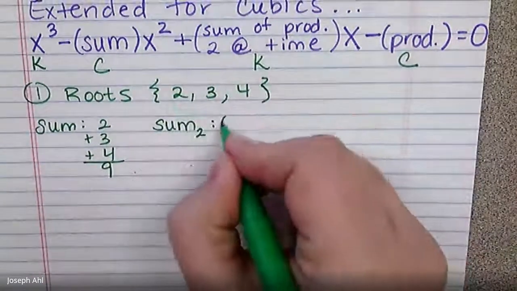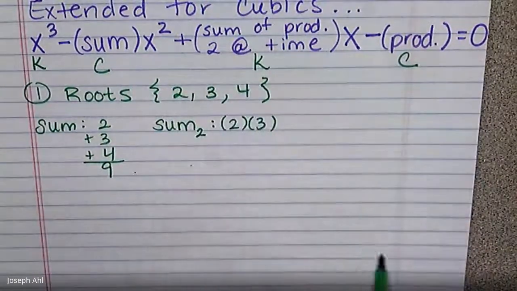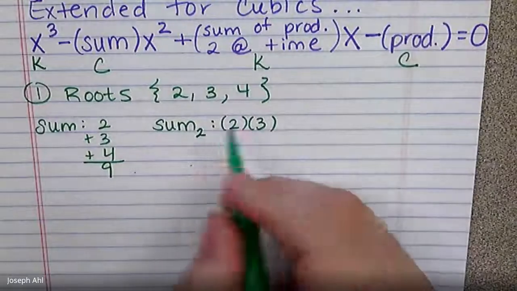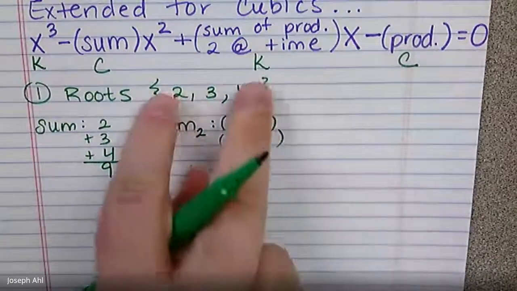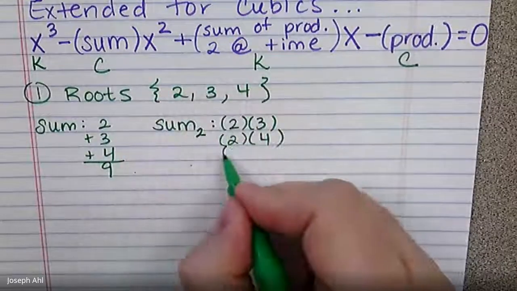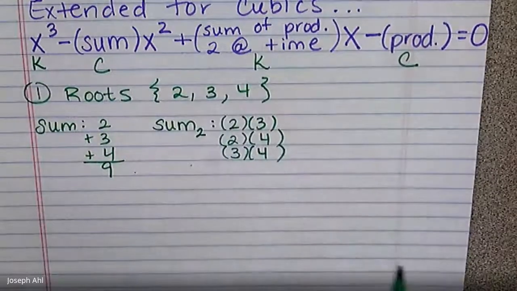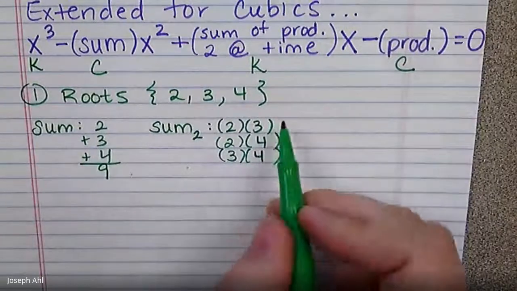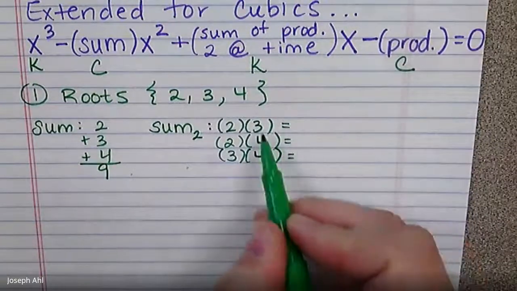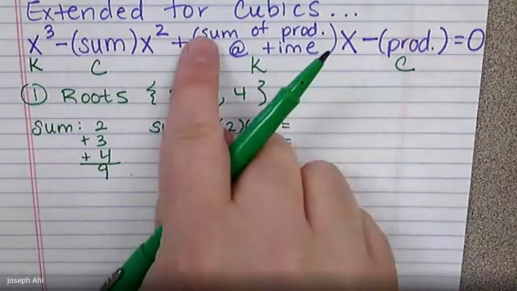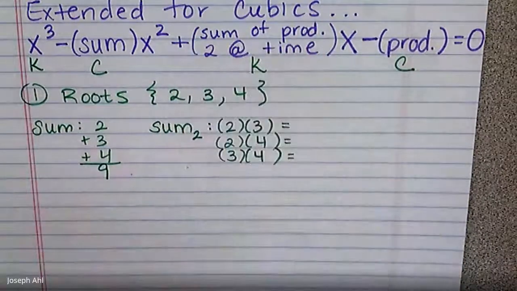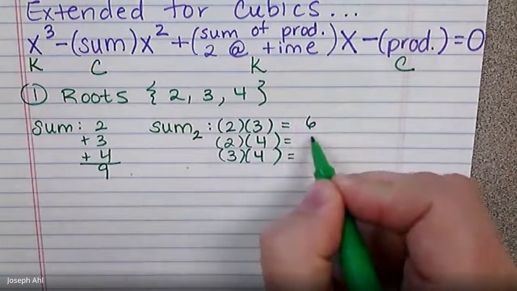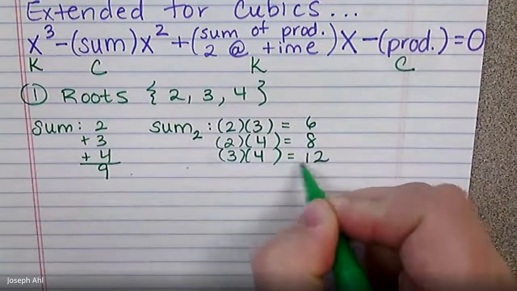We're going to take the 2 and the 3, pair those up, find their product. Then maybe I'll pair up the 2 and the 4. That's another pair I can make with the roots. The only other pair that I haven't done yet is pair up the 3 and the 4. Whatever those products are, we're going to find the sum of the products when the roots are taken 2 at a time. So this would be 6, 8, and 12.